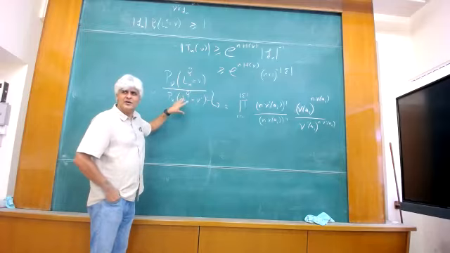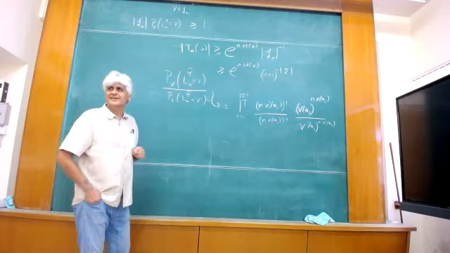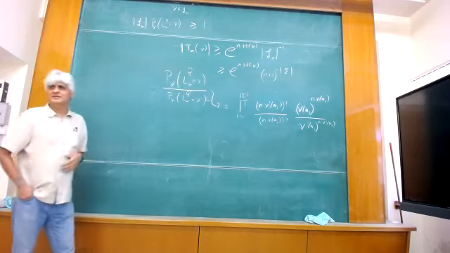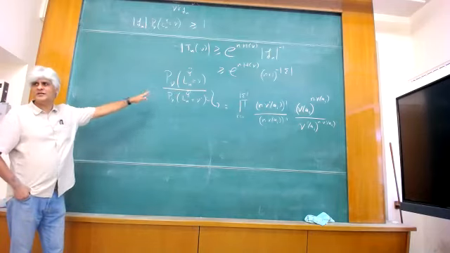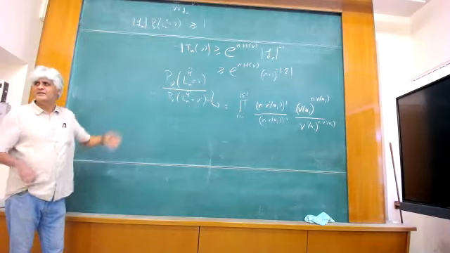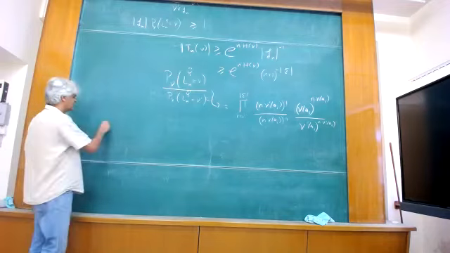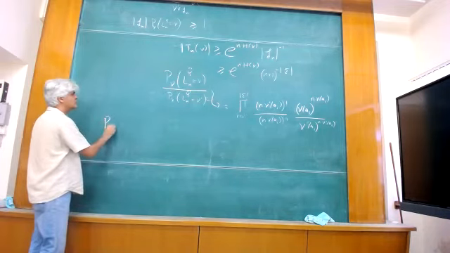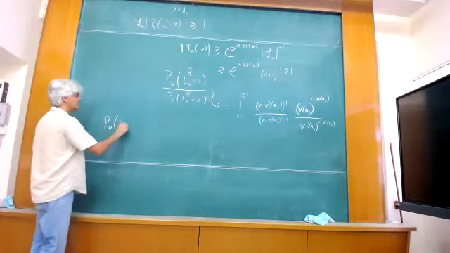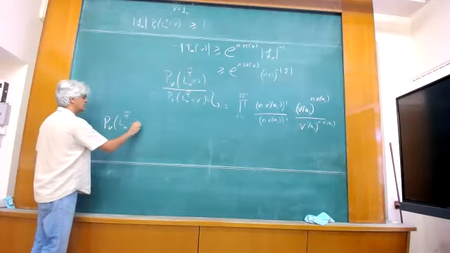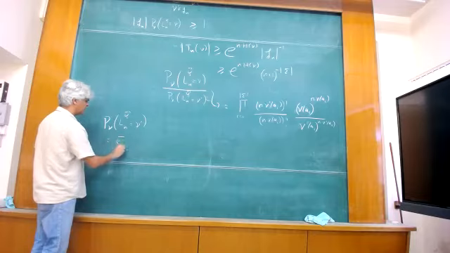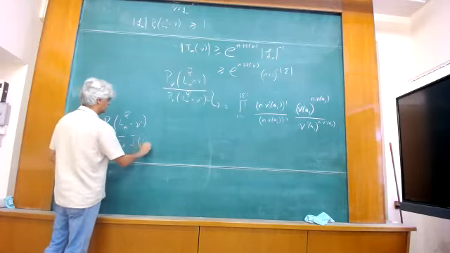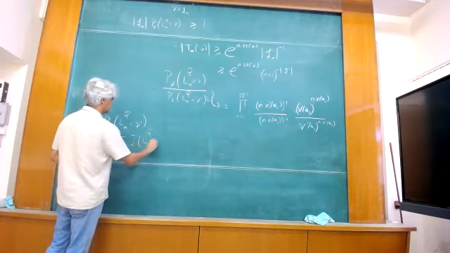And somehow argue that all the other terms are less than or equal to 1. That could be the way to try. All you need to show is that the remaining terms are less than 1. If they go to 1, then you get a problem. That's all you really need. So the attempt is something as follows: P_mu of L_n is equal to the expected value under mu of the indicator that L_n is equal to mu prime.